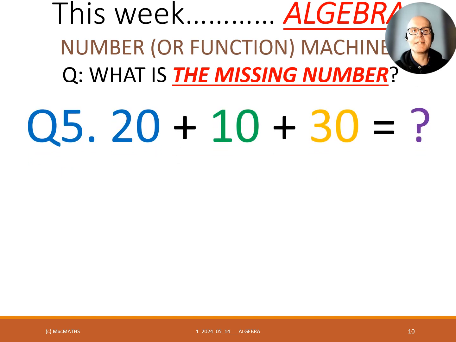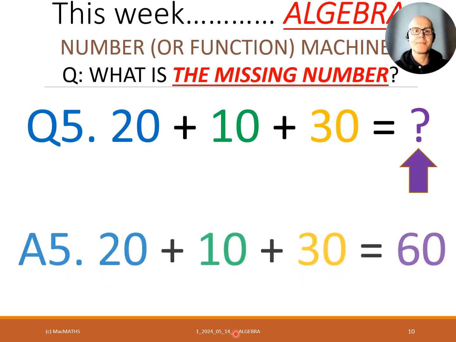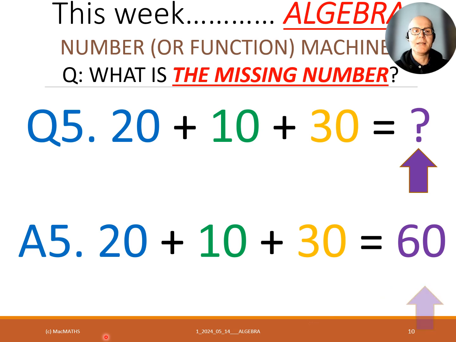And this last example for now of number machines, 20 plus 10 plus 30 equals what? It's 60. 20 plus 10 plus 30 equals 60.